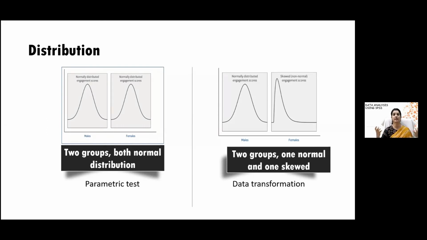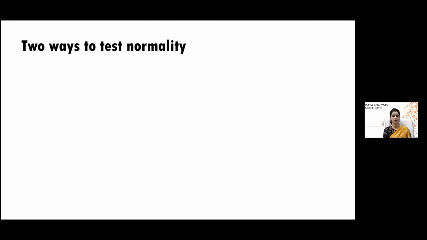Any variable, any mean, if we compare it across two groups, then we apply an independent sample t-test. In that case, if one group follows a normal distribution and the other group follows a non-normal distribution, then we apply a non-parametric test. So to apply a parametric test, both groups should follow the normal distribution.